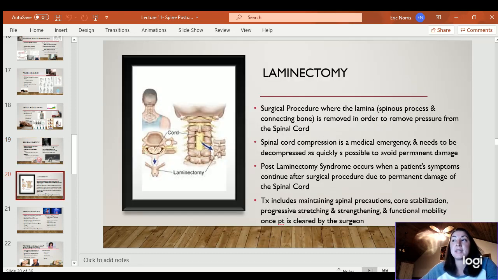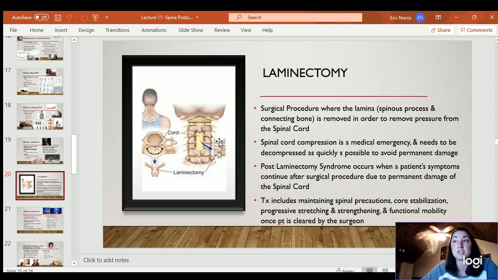A laminectomy is one of the procedures that can be done to decompress the spinal cord. So if there is compression and extra pressure on the spinal cord, what they can do is come in and remove the spinous processes and the portions of the bone that connect those to the remaining parts of the vertebrae. So they cut into that bone and remove it fully. They remove the lamina.